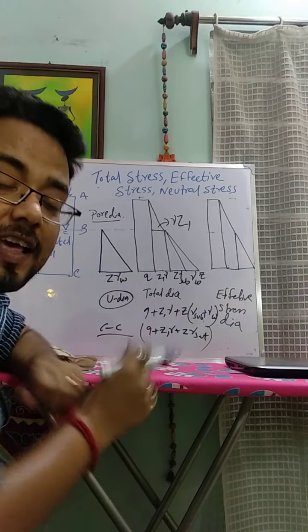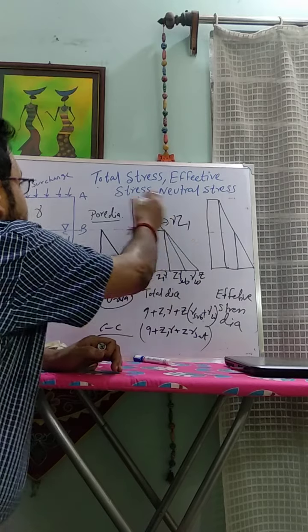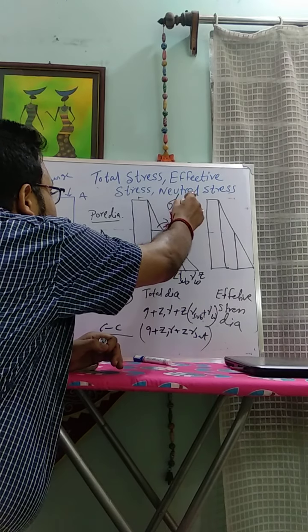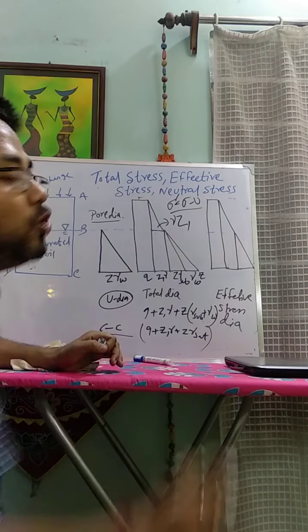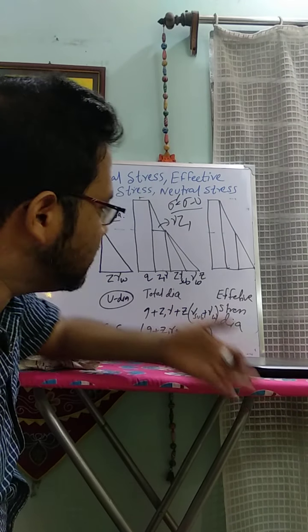Now this one is the effective stress. Effective stress equals total minus neutral stress.